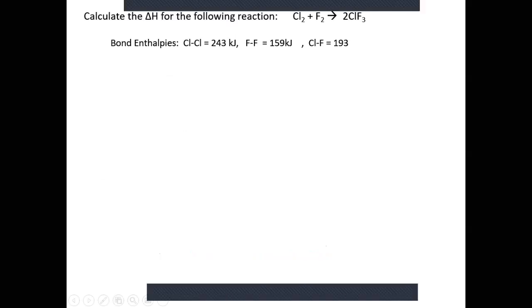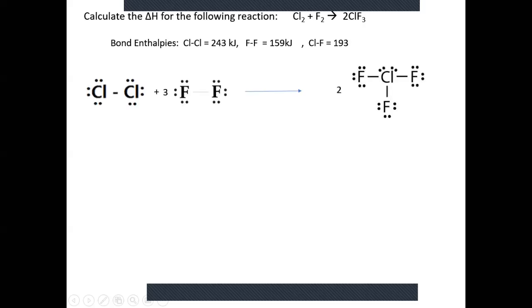So here we have Cl2 plus 3F2 gives us 2ClF3. Again, we need a balanced chemical equation. What you need to do is draw the Lewis structures of each reactant and product to determine the number and types of bonds that you have. So we're going to have one Cl-Cl bond, 3 F-F bonds, and then we have 2 molecules of ClF3, which means we're going to have 6 Cl-F bonds.